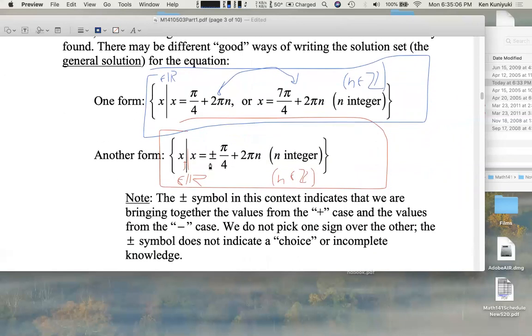Bear in mind, I needed the plus or minus in front of the pi over 4 here, unless I was going to write out different angles like 7 pi over 4. But I don't need a plus or minus here because remember, n could be a negative integer. n could be -1, -2, and so forth.